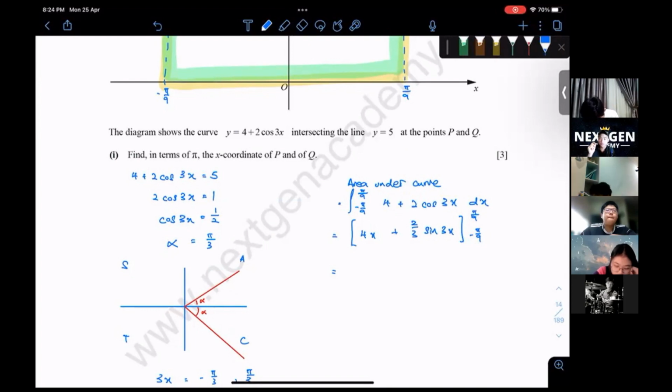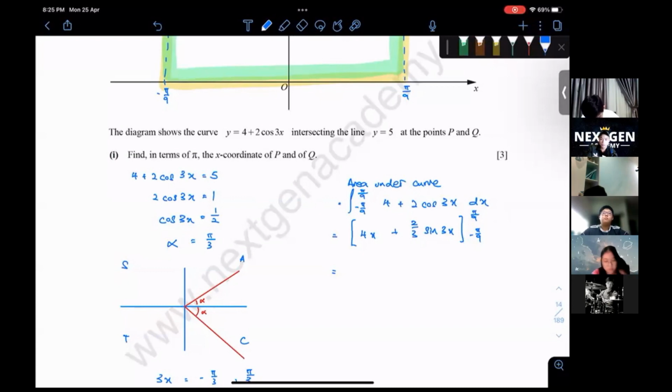So if you use the black calculator, you have to slowly convert it. Pi over 9 is how much here? Oh, 20 degrees. Then after that, you times 3 again. So you all have to remember the special angles.